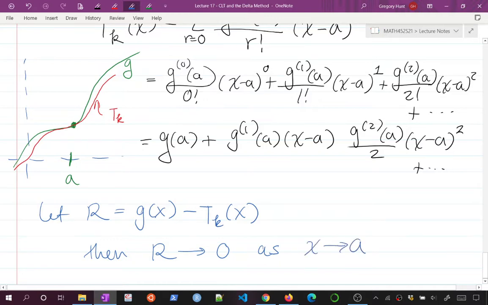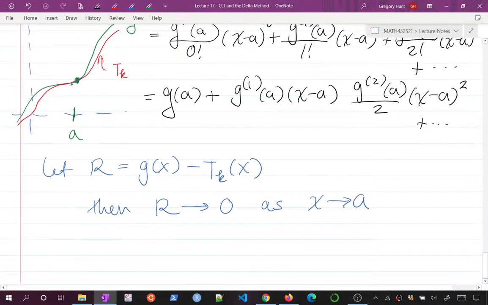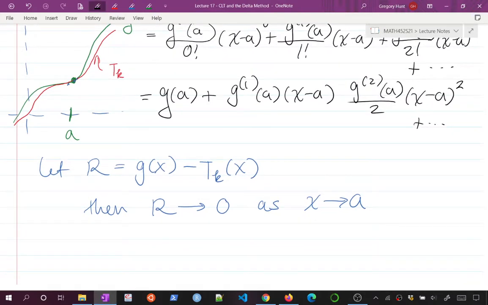That is, if I look at points near a, my remainder goes to 0, so my Taylor polynomial is going to approximate g quite well. I'm not going to write all the details, but Taylor's theorem really tells us that it does this fast in some ways, and it tells us exactly how fast it goes to 0 as x goes to a.